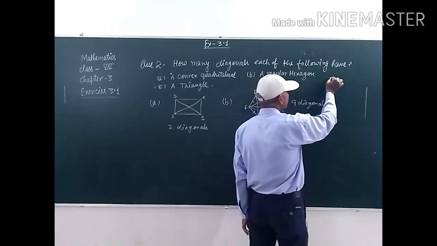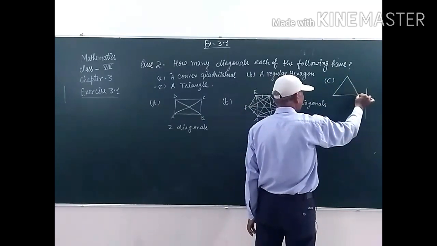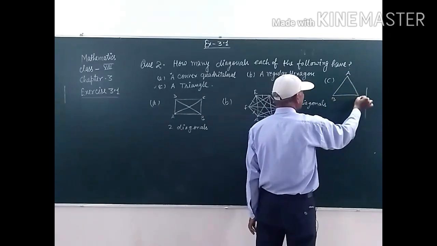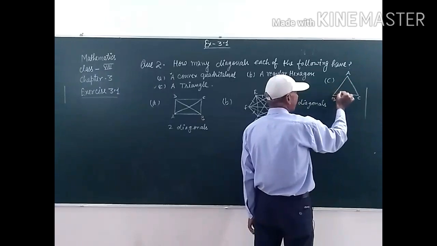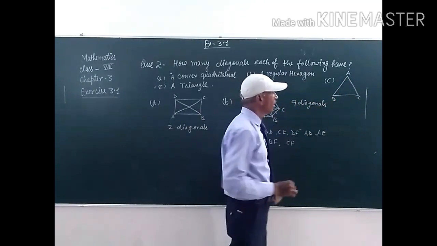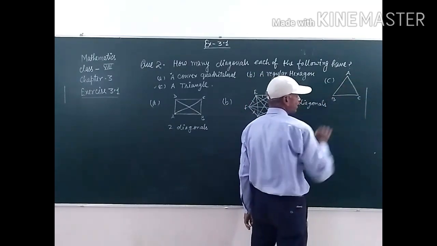The third figure, C, is a triangle, student. This one, triangle A, B, C, has 3 sides, and in this figure all sides are consecutive sides.